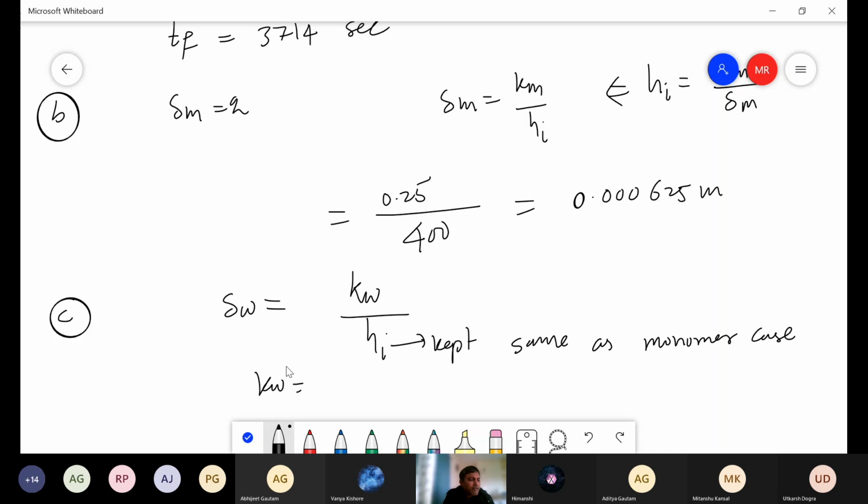So the thermal conductivity of the water is 0.65 watt per meter degree Celsius.